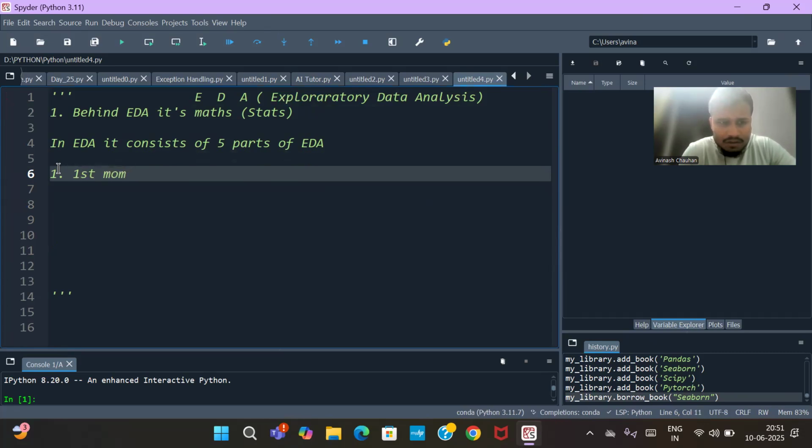first moment business decision. And what do you mean by first moment business decision? What do you understand by that? It's measures of central tendency.